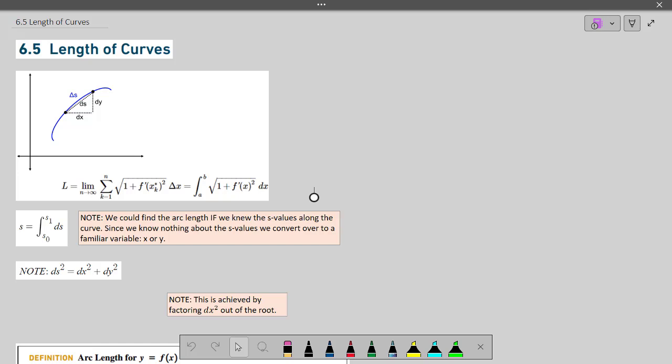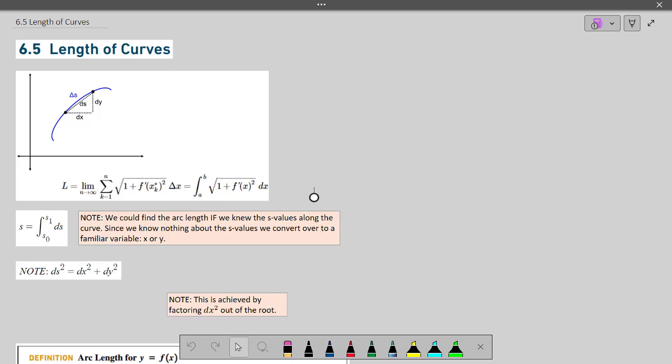But we don't know that. We don't have that string number line where we could say S is 0.5 here and S is 3.2 here, and then just take the difference. If it was along the x-axis and we were told that we have a 3.2 and a 0.5, we could just subtract them. But we don't have this number line that's curved, so delta S is unknown.